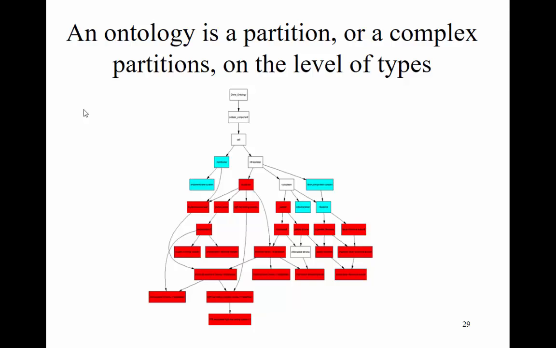So every ontology can be viewed as a system of partitions at different levels. Now, we're not quite talking about granularity here. So the relationship between animal and mammal is not a relationship where animal is a label for a more granular cell in a partition, and mammal is a label for a less granular cell.